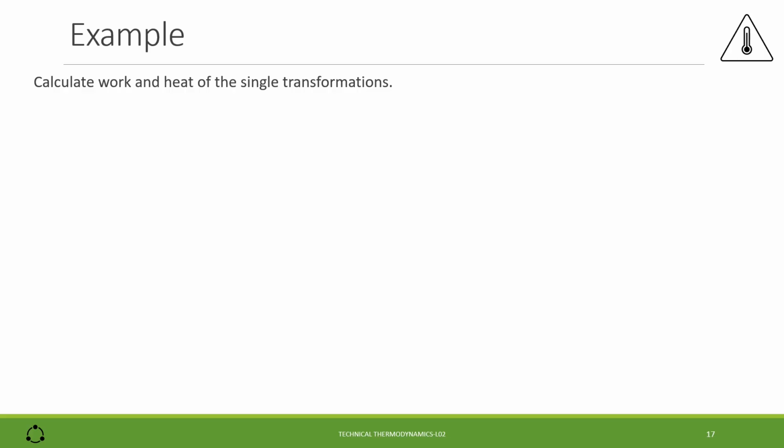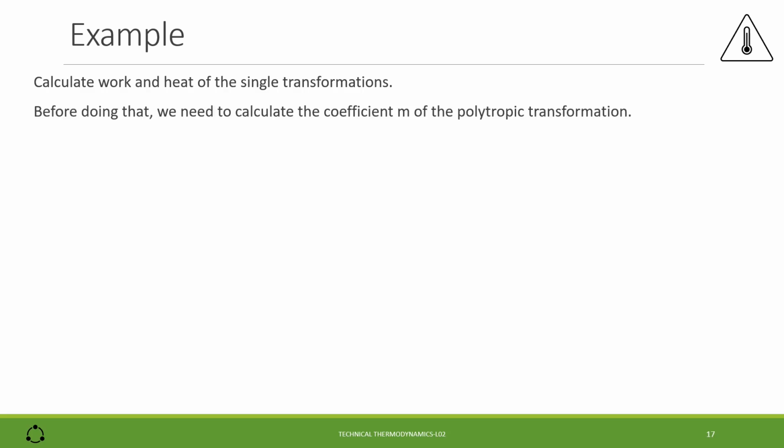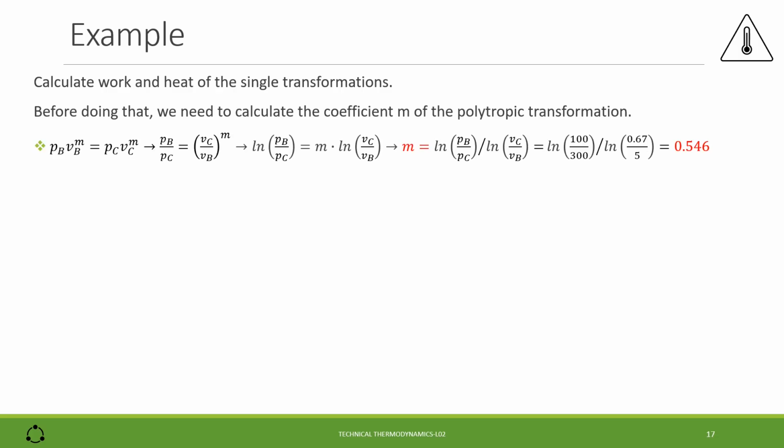Now we want to calculate the work and the heat of the single transformations. Before doing that, we need to determine the coefficient m of the polytropic transformation. We write the expression of the polytropic transformation among the states B and C, and then we solve for the pressure and we apply the logarithm at both sides of the equation.